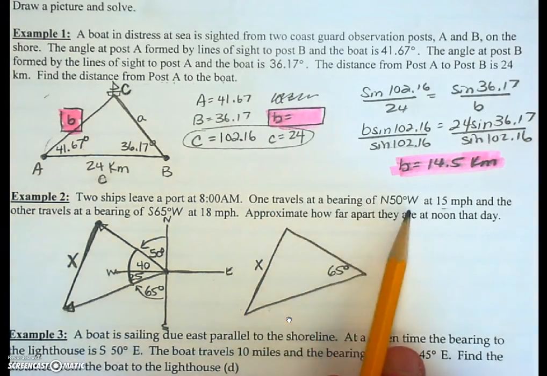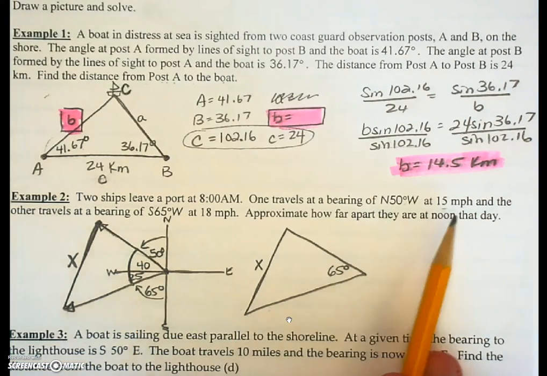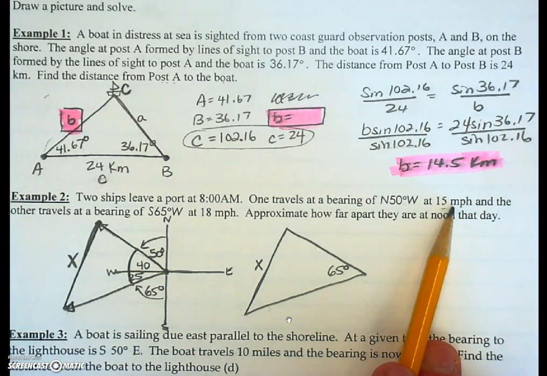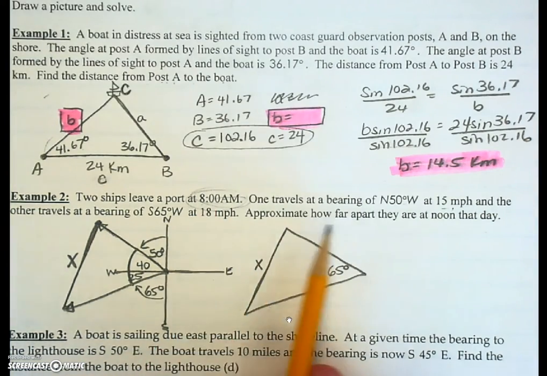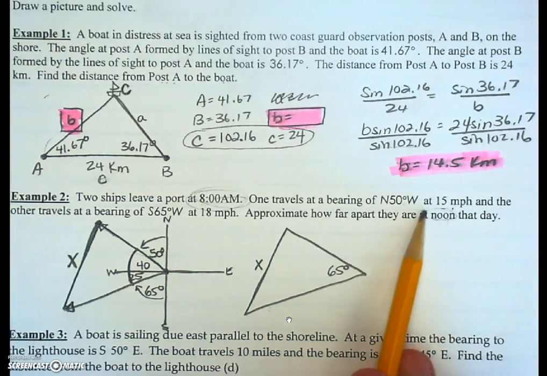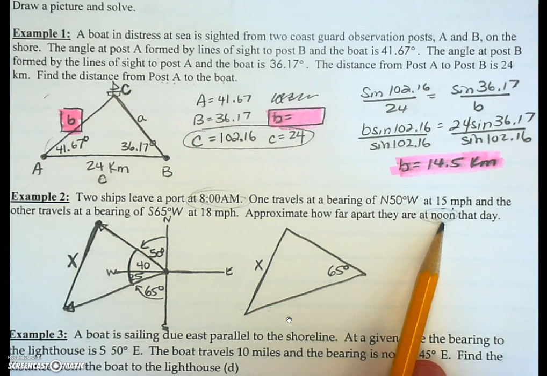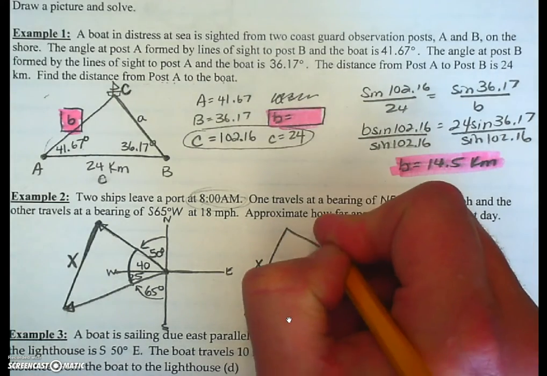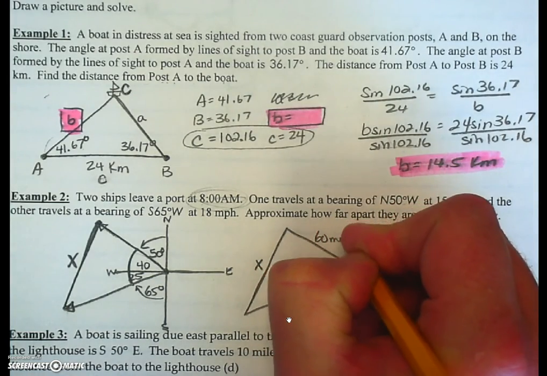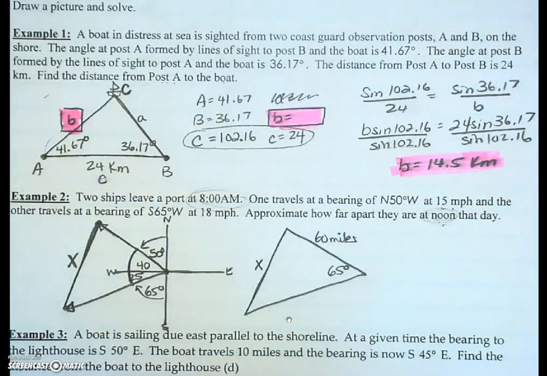Okay? Now, I do have some other information that I haven't put here. It says this one traveling north 50 degrees west, so that's this ship, is going 15 miles per hour. Well, if it left at 8 o'clock and traveled till noon, that means it traveled for 4 hours. And if it's going 15 miles per hour, then 15 times 4 hours means I've traveled 60 miles.